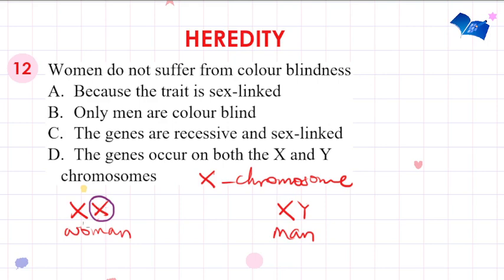Not only men are colorblind, but the likelihood of a woman suffering it is very, very slim because of the ability of the normal X chromosome to mask the abnormal X chromosome. So you can see the genes are recessive and sex-linked is the answer.